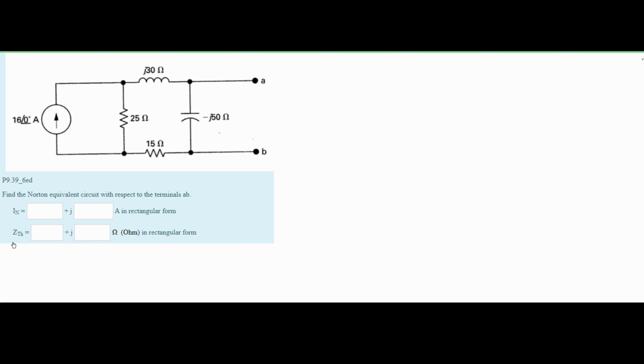If we look at section 4.9 with source transformation, what we are going to do is take this current and take this resistance and make it a voltage on the left side and then bring the resistance up here. Since this impedance and this impedance, an inductor and a resistor, are in series, we can just add them together. From this, we are going to get 15 plus j30.